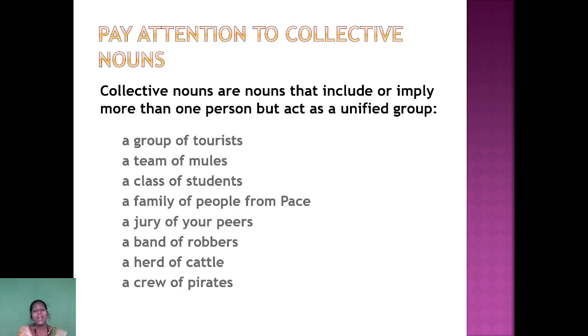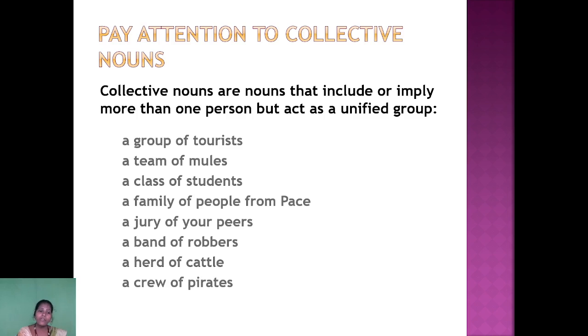Then pay attention to the collective noun. Collective noun means it's a group of words. Collective nouns are nouns that include or imply more than one person but act as a unified group. So it's considered as one person but identified as a group of persons. What are the examples?